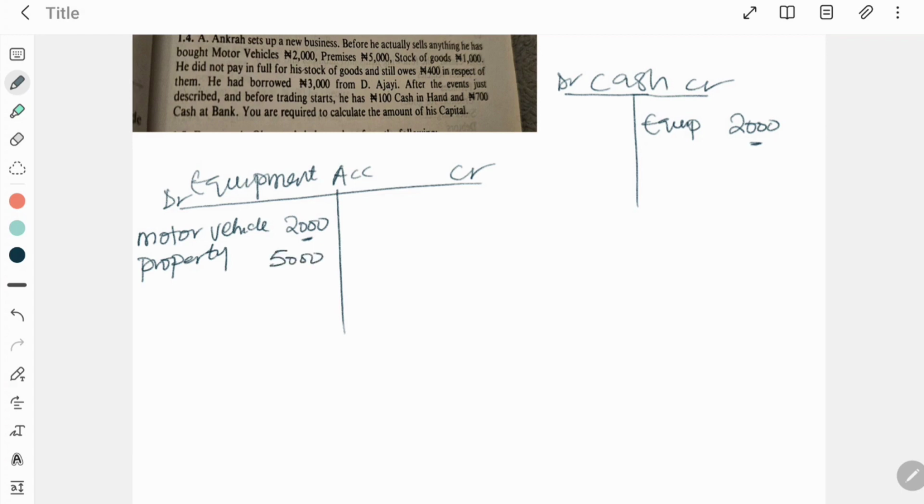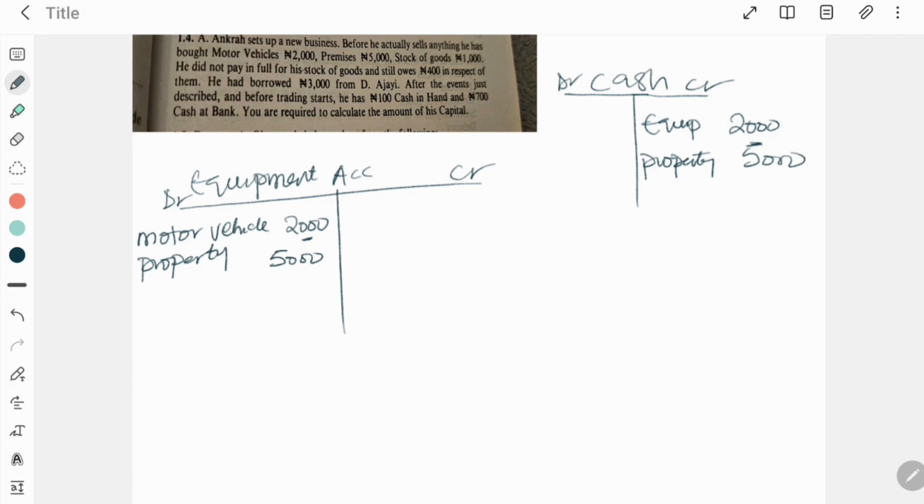And that money is coming out from somewhere, right? So it's coming out from cash, or from our bank. So we say premises, or property, whichever. Let's just say property, 5,000 naira.